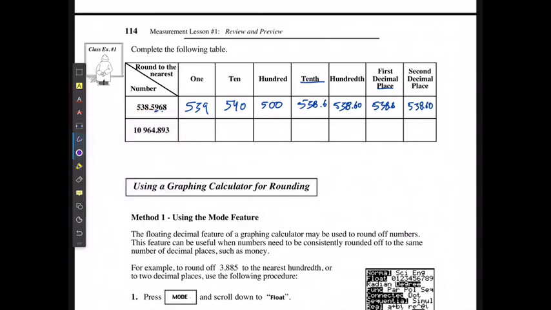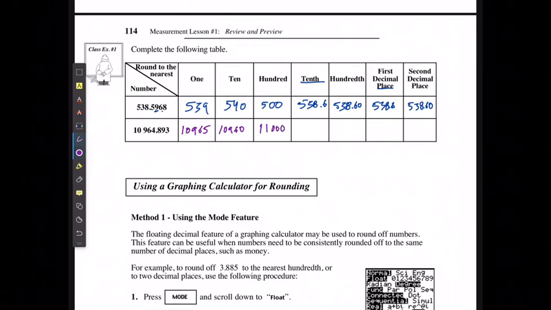If I'm doing a much bigger number, the process is still the same. This would be 10,965. It's going to round up. This is going to be 10,900, and if it's 64, it's going to round down to 60. This is going to round up. The 900 is going to round up to 1000, so it'd just be 11,000.